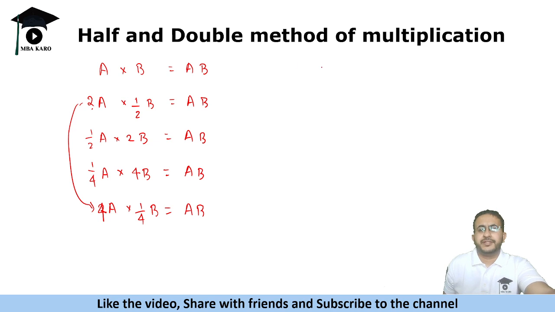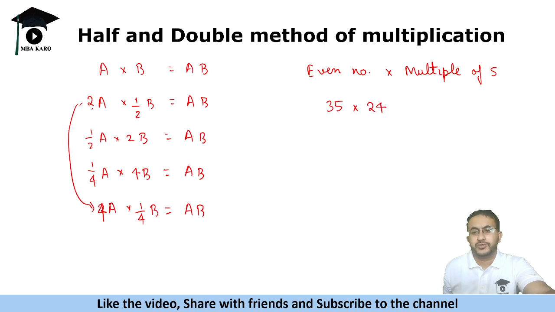Now where we apply this commonly is if we have to multiply an even number with a number which is a multiple of 5. So let's say I have to multiply 35 into 24. Suppose I do not know the table of 35. I do not know the table of 24. Of course, you might not be knowing tables beyond 20. Very unlikely.